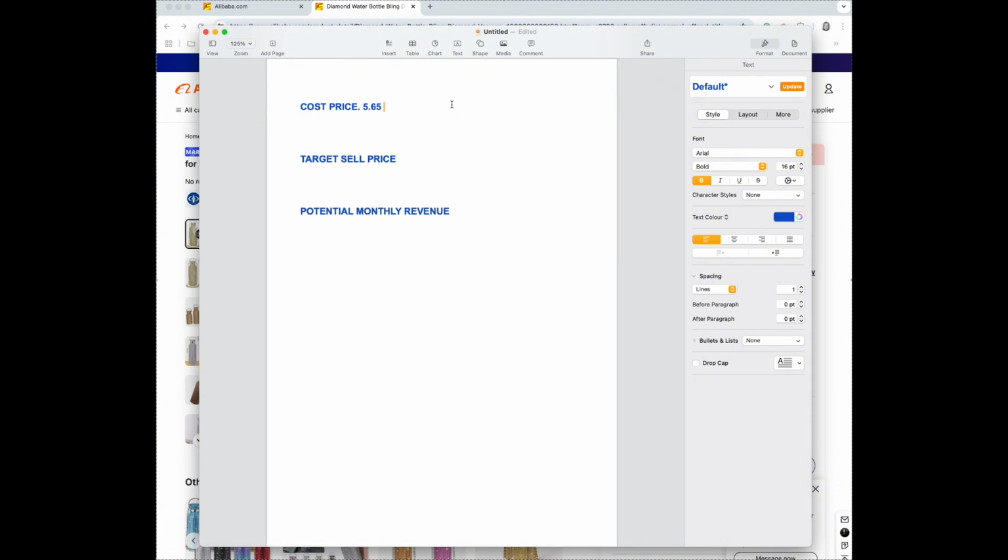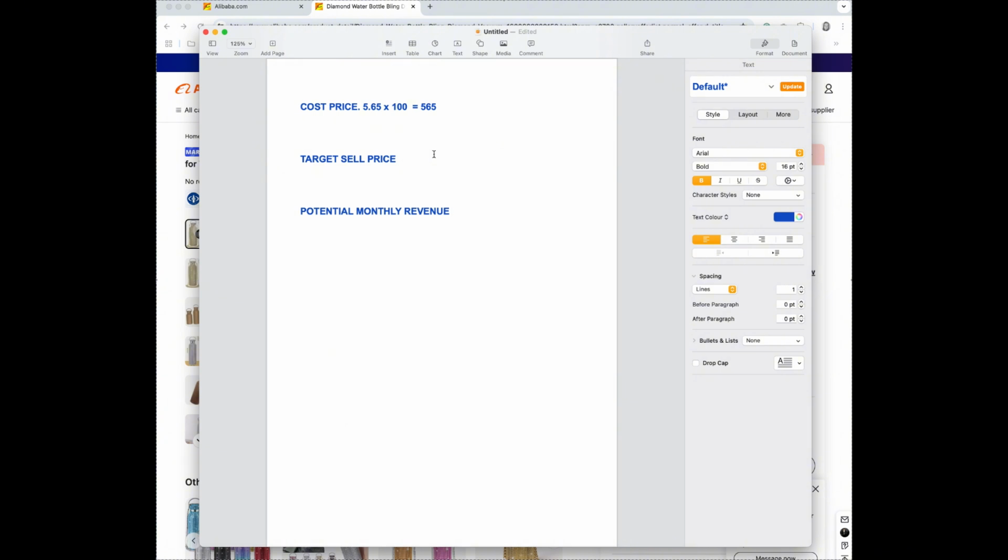That means we're going to multiply this price by 100, and that's how we're going to calculate our cost. So this is how much we need to invest before we can sell anything. So we are going to invest $565. That's what we need to get in our account.